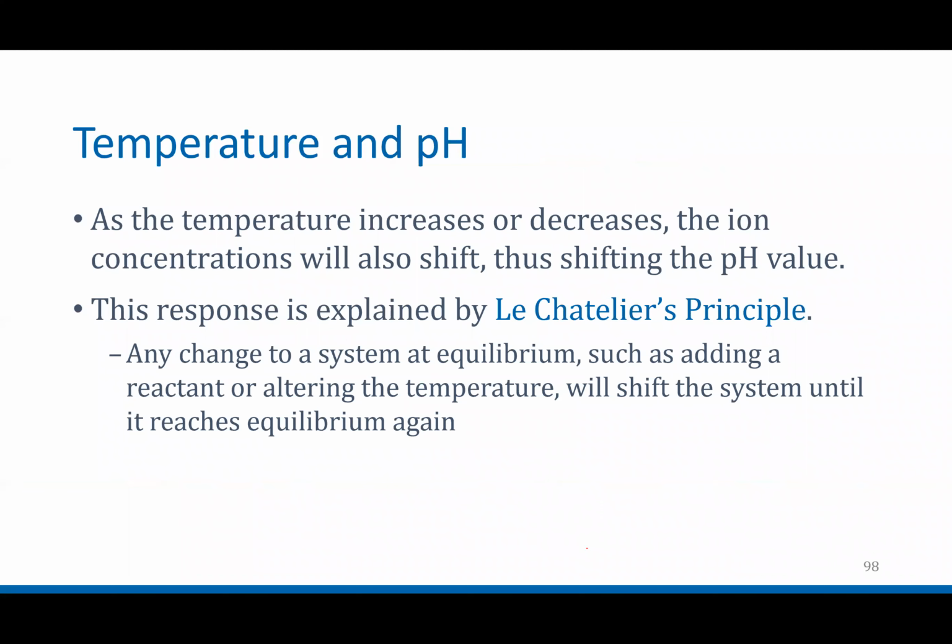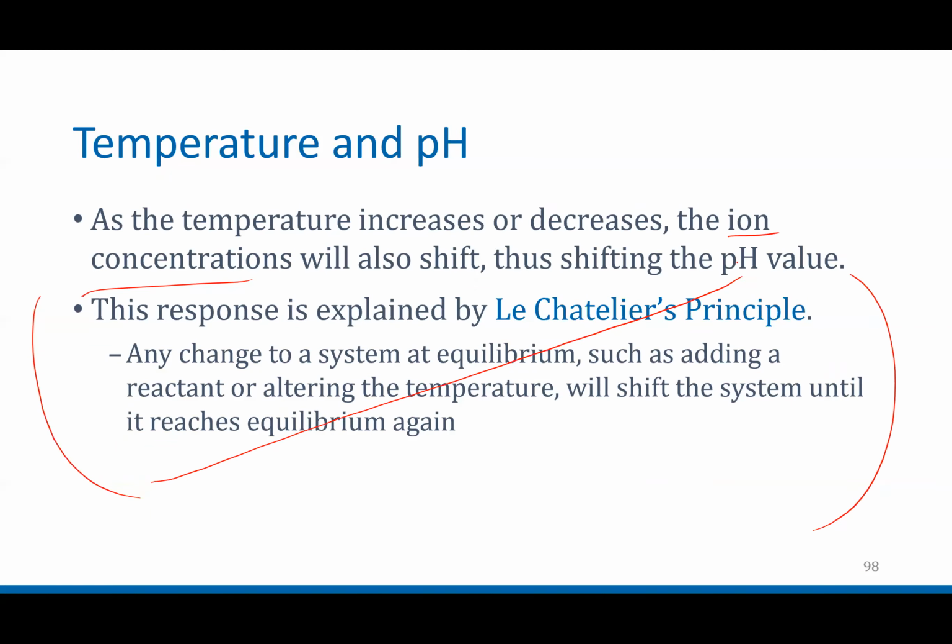So as the temperature of water increases or decreases, that equilibrium also shifts and affects the ion concentrations, which can change the pH value. This is explained by Le Chatelier's principle, not something you need to worry about on a quiz, but it's good to know that some of the things you did in 1200, 1201, 1210 actually matter for understanding something in 2770.